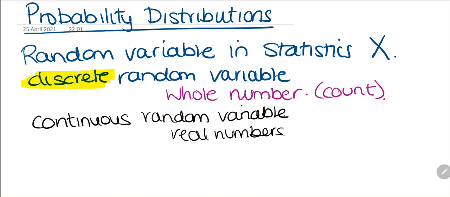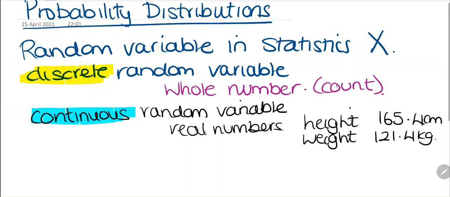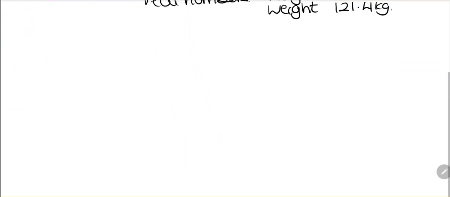This could be, for example, if we had height and we had 165.4 centimeters, or we had weight and we had 121.4 kilograms. So there's two different types of random variables that we could be looking at, but we're going to be looking at the discrete.